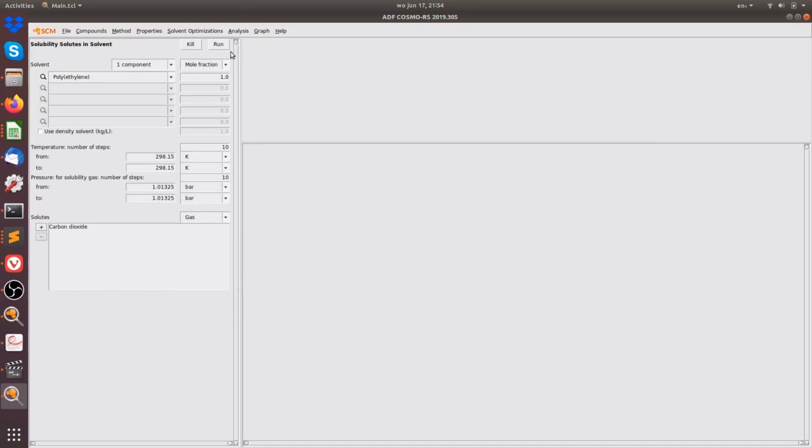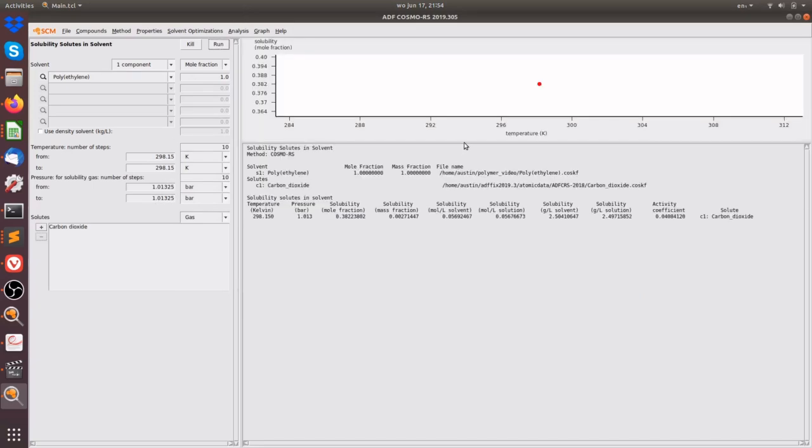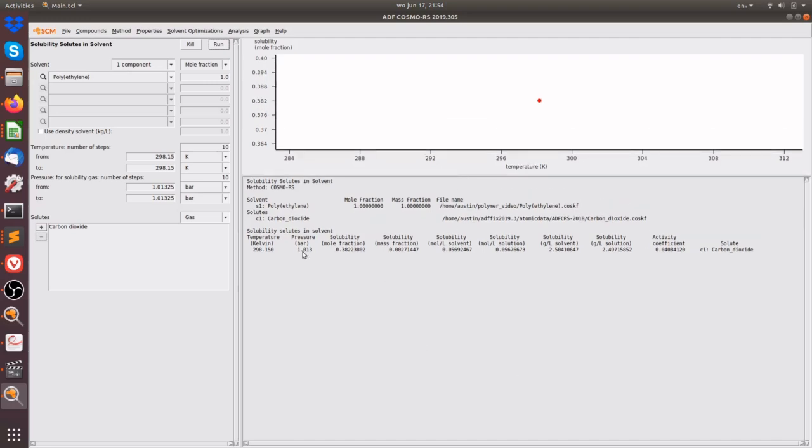All of this is correct, and what we get here is a value that typically corresponds to small molecule solvation properties, but these can very easily be converted to more traditional gas polymer solubility units.